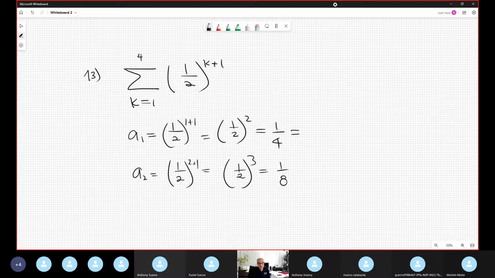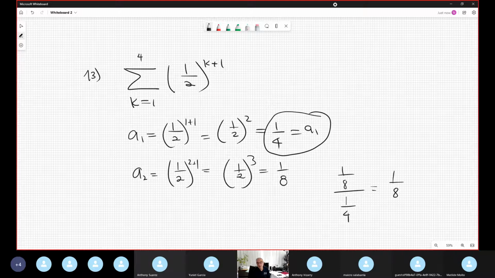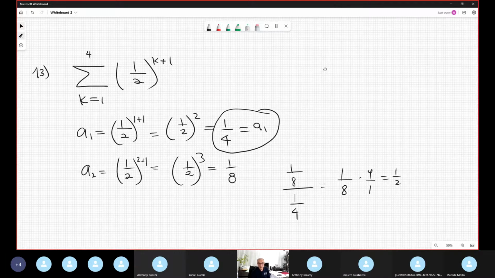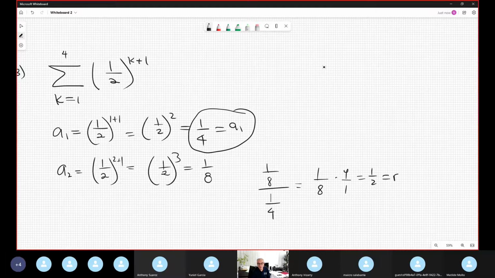So at least I know A1. And the common ratio is 1/8 divided by 1/4. Is 1/8 times 4/1 is 4/8, which is 1/2. Okay, so now I discover that R is 1/2 and A1 is 1/4.